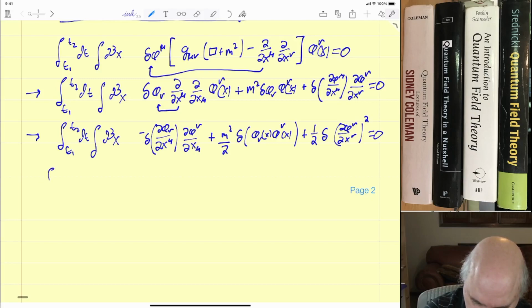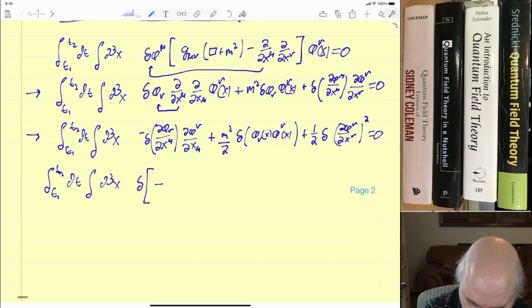Okay, so now we have the integral from t1 to t2 dt, the integral d3x. Now we can take the del of the whole thing, minus 1/2 partial of phi nu with respect to x mu partial of, again, these two terms are the same.